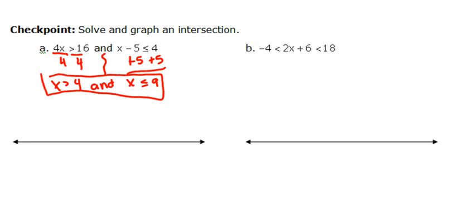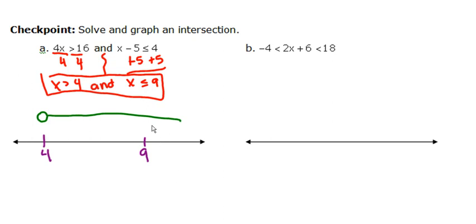Now to graph it. The smaller number is 4. The bigger number is 9. I'm going to graph this above to see where they overlap. So x is greater than 4, it's an open circle, and greater than goes to the right.